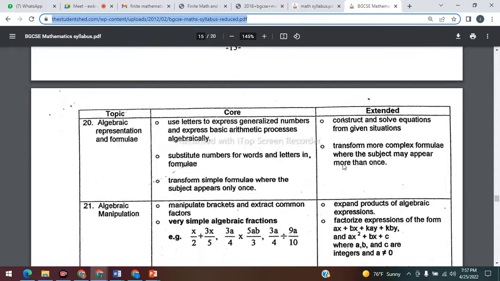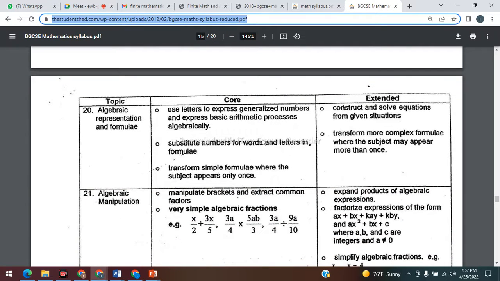Algebraic representation and formulae. So use letters to express generalized numbers and express basic arithmetic processes algebraically. Substitute numbers for words and letters in the formulae. Transform simple formulae where the subject appears only once. So this is transformation. We have to make X the subject, make M the subject, stuff like that.